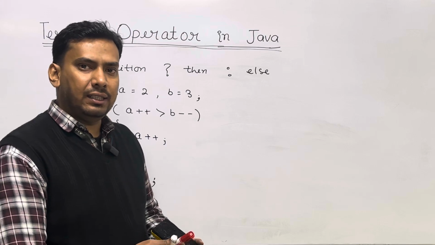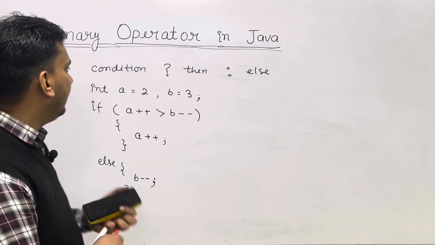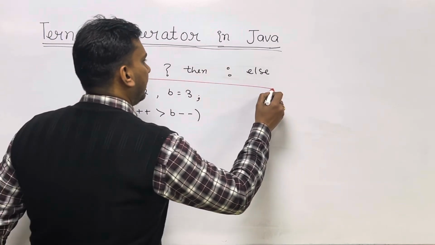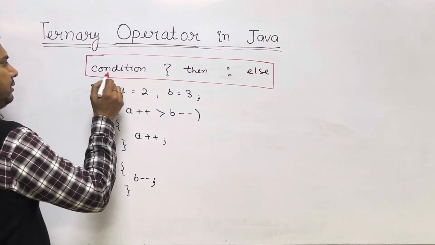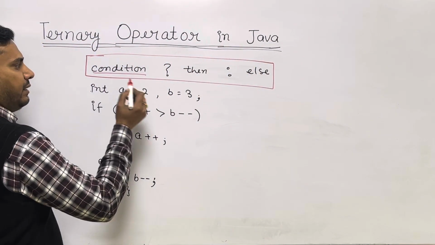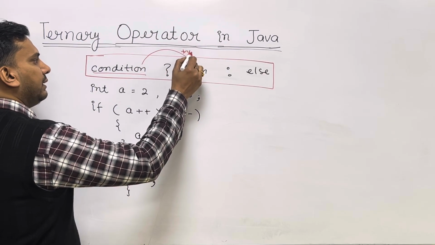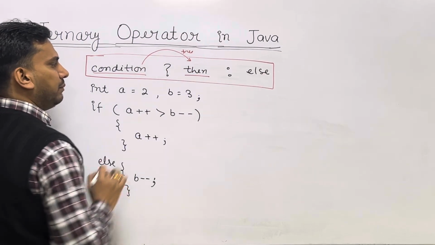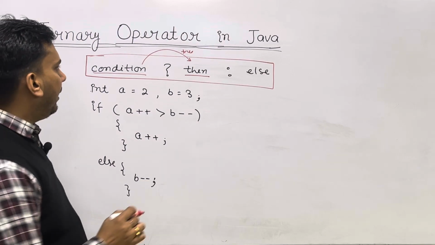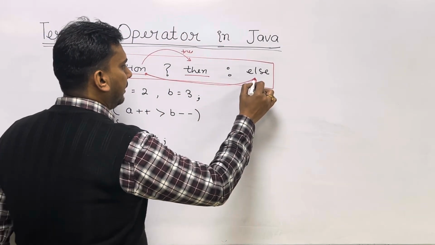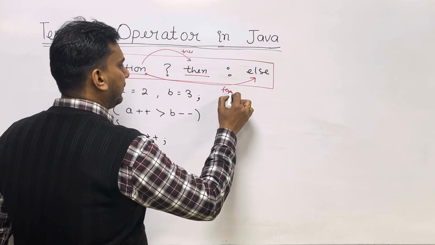The general syntax or structure of the ternary operator is something like this, where you write the condition, and if this condition is true, then the second part, the then part, will be executed, and if this condition is false, then the else part will get executed.